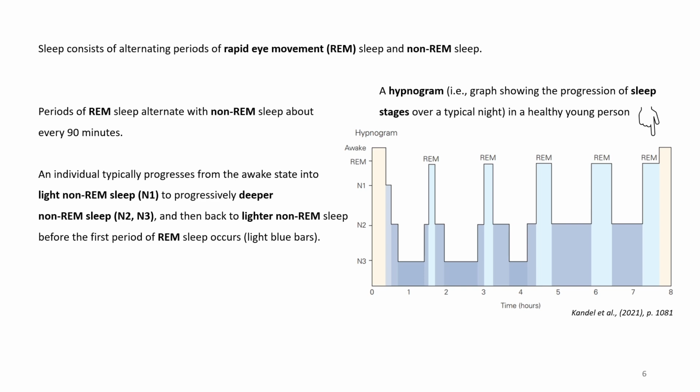An individual typically progresses from the wake stage into the first non-REM sleep stage, N1, which is a light type of sleep, then moves towards progressively deeper non-REM sleep stages, N2 and N3, then circles back to a lighter non-REM sleep before reaching the first REM sleep.